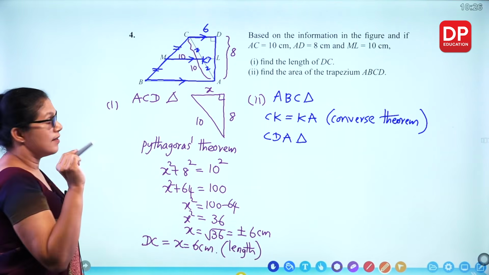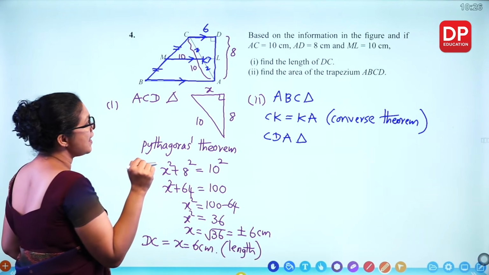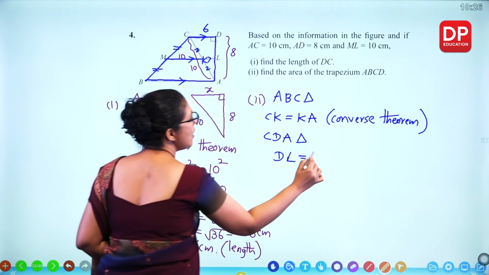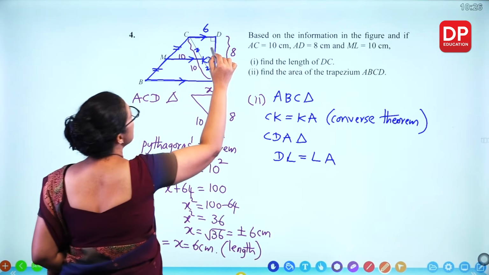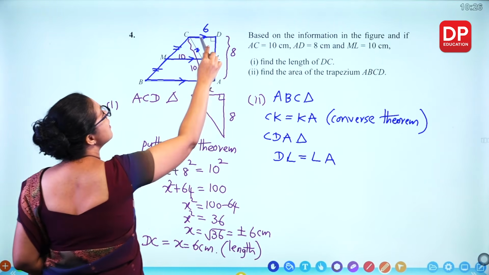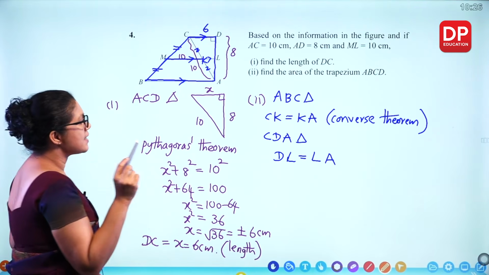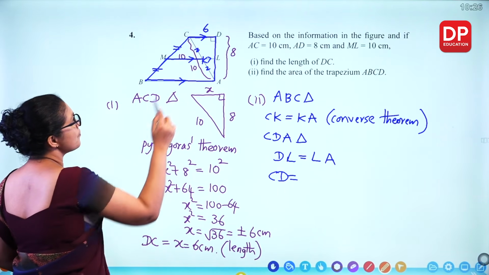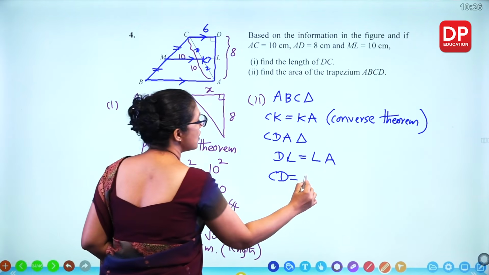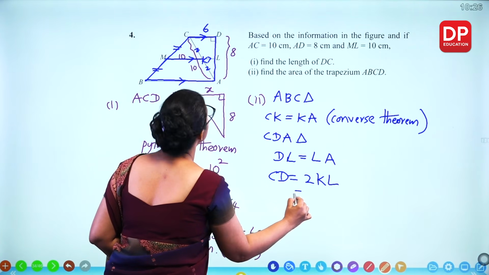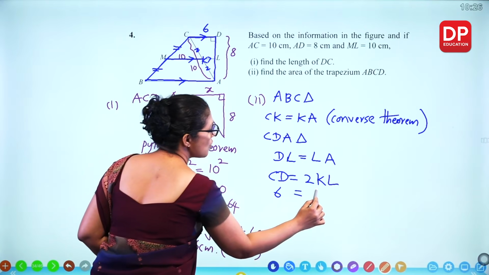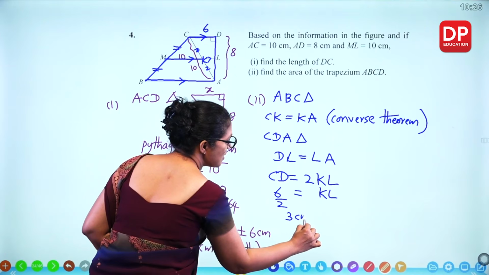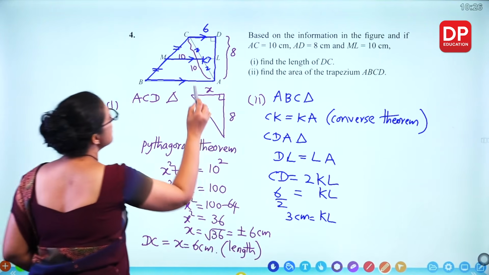Then you can use the Converse theorem again and write down DL is equal to LA, and if these two are midpoints, we know that CD is equal to double of KL. So CD is 6. So what is KL? Half of that. Half of that is 3 centimeters. So KL is 3 centimeters.